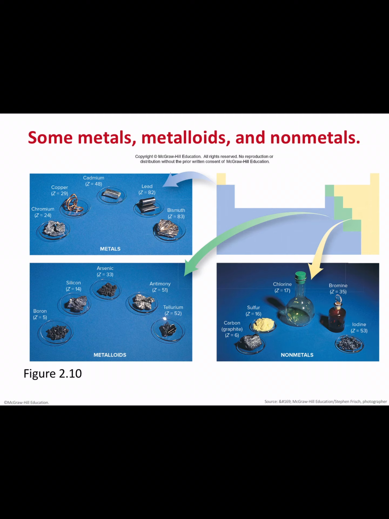Boron, silicon, arsenic, antimony, tellurium, they are soft solids. Okay, and then if you look at the non-metals, the yellow stuff, you can see some of them are gases, some of them are liquid. And then sulfur is a solid, but it's again a soft solid. It's not as hard as metals.